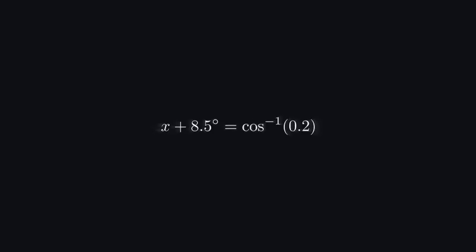Continue the aligned calculation. Approximation check. Cos of A equals 0.2. A equals 90 degrees minus alpha.